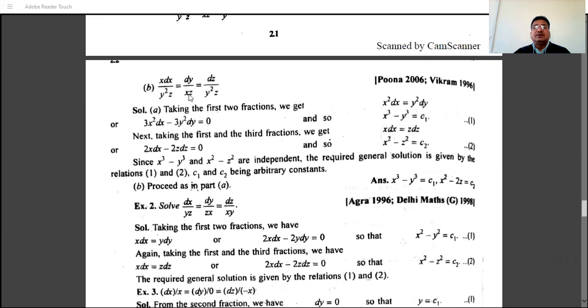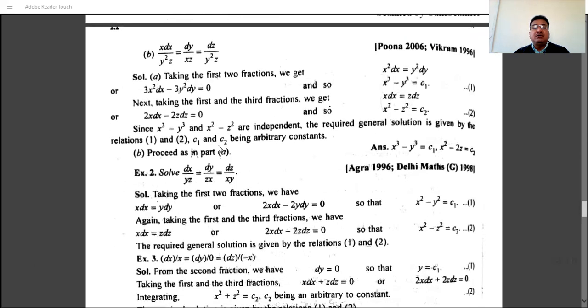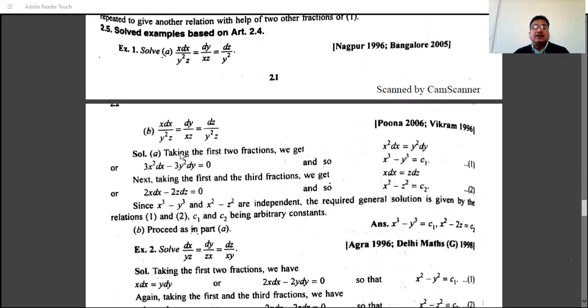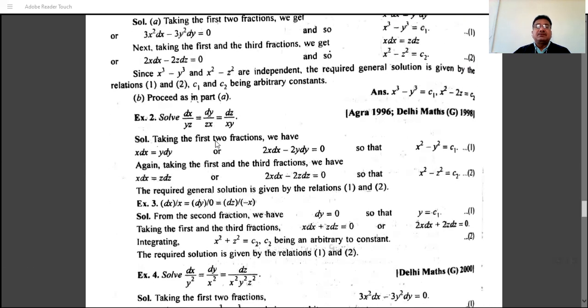So while writing this problem in your notebook, write the answer by our regular method, that is, taking two fractions and equating them in place. Similar example: dx divided by y into z, dy divided by z into x, dz divided by x into y.